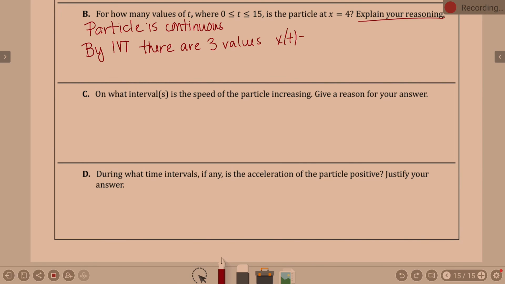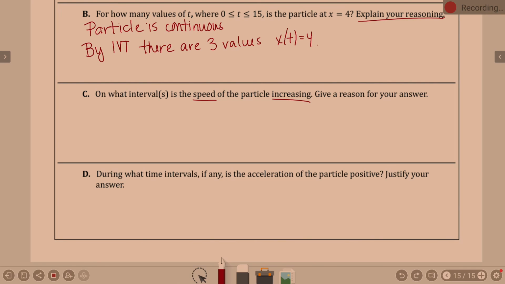Now, C and D, do I have time? C. On what interval is the speed of the particle increasing? Same signs between velocity and acceleration means speed is increasing. Opposite signs means it's decreasing.